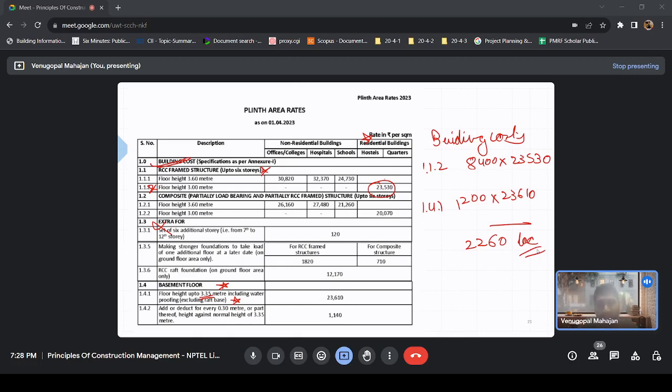So for the additional story, what they have asked is... Can you read the clause for extra? Just a minute, I missed the tab. Clause only says RCC frame structure in bracket up to 6 stories. And for the additional one story, you have to make the correction. And why do you need to make the correction?